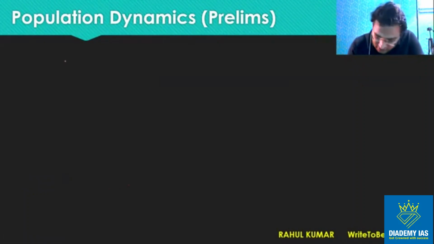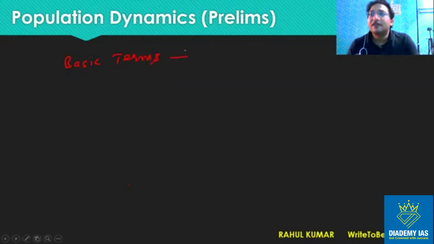We will discuss the basic terms like birth rate, death rate, growth rate, what is the meaning of total fertility rate, life expectancy, maternal mortality rate, IMR, CMR. So all these are the basic terms which you will find regularly in news, right?